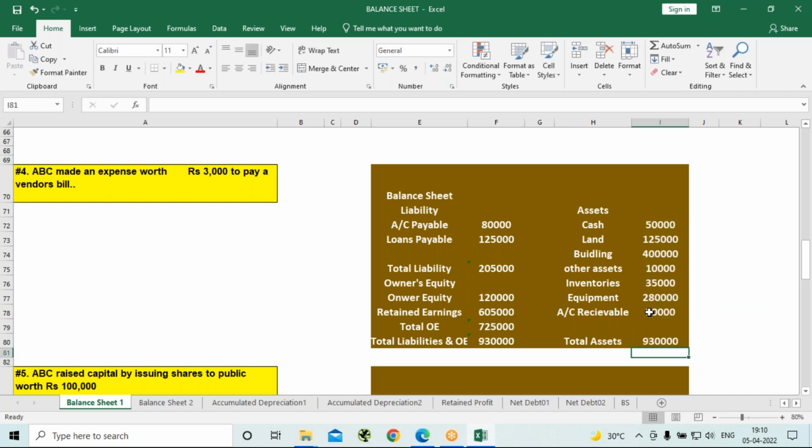Made an expense worth rupees 3,000 to pay a vendor's bill.